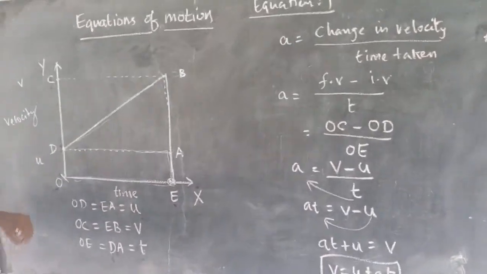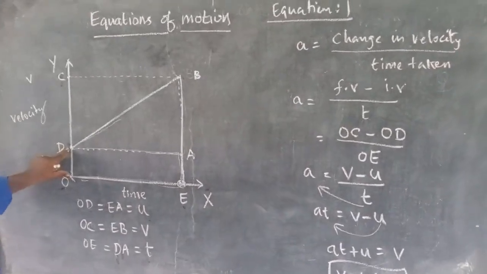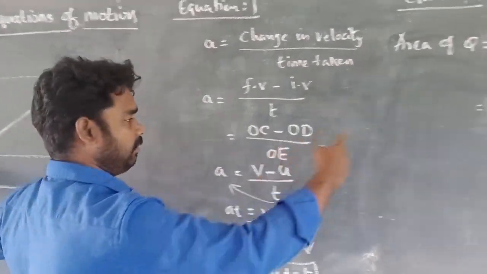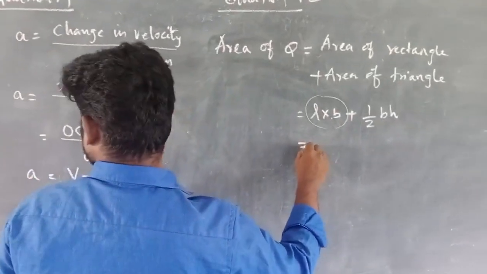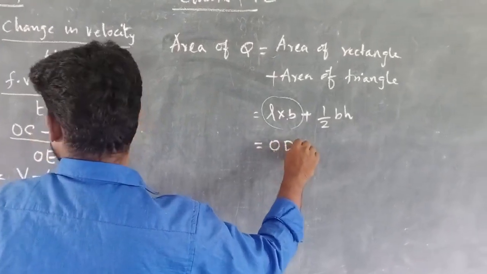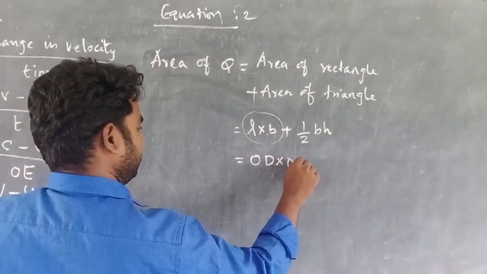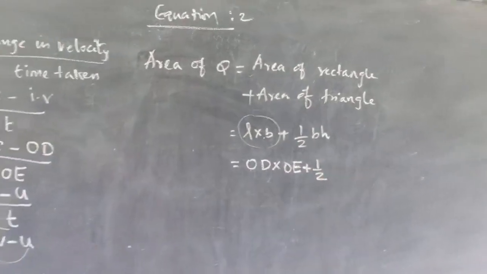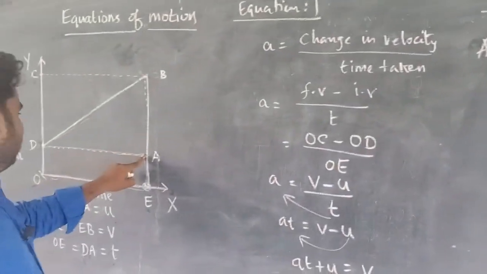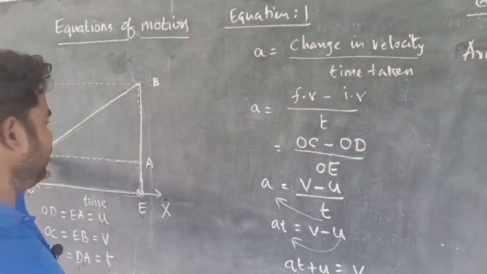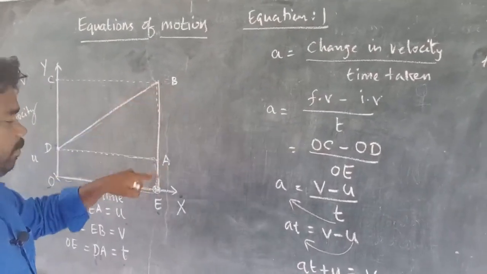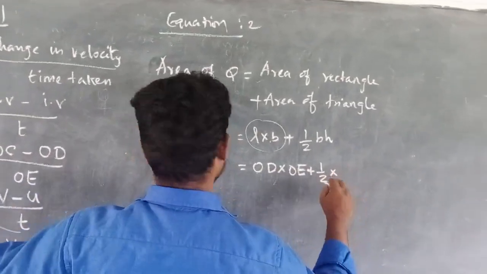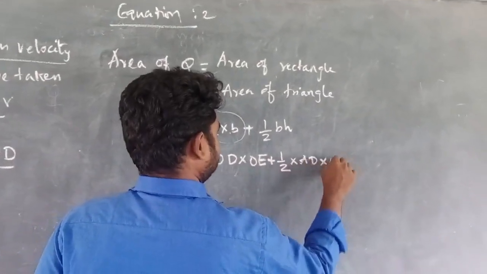The length is OD and the breadth is OE. We have to put the values here. OD into OE plus 1 by 2. In this triangle, the base value is AD and the height value is AB. So fix the value here. AD into AB.